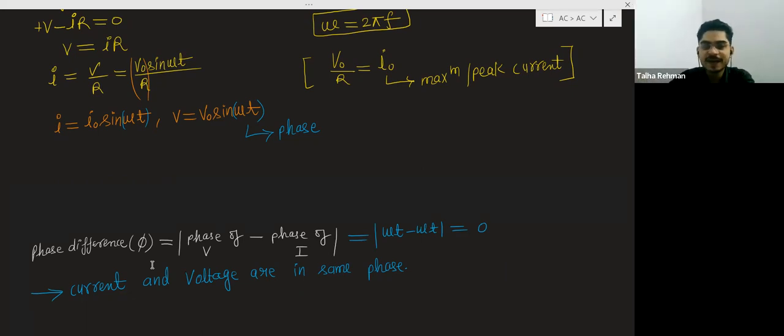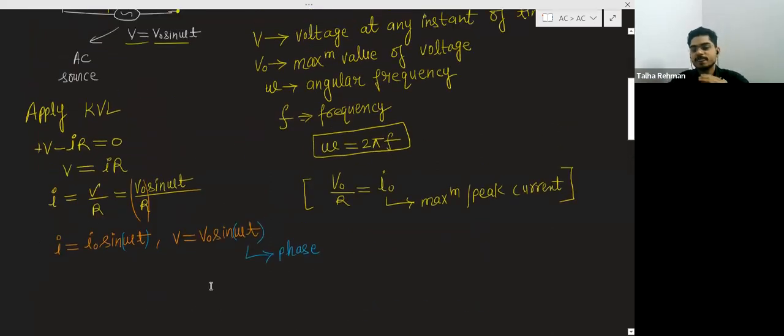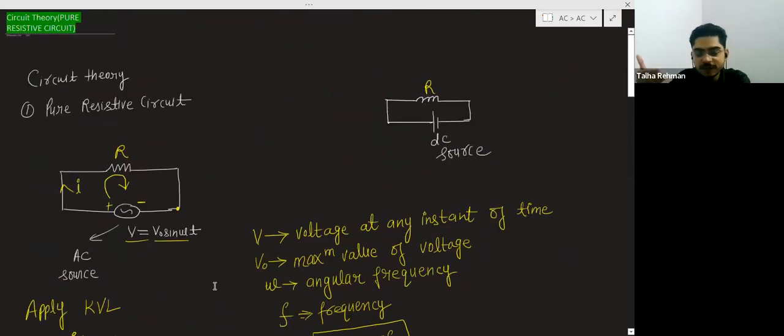Because we want to analyze this circuit. To analyze the circuit, it is better to draw the diagram and show the direction of the voltage and the direction of the current. Then you have some idea about the current and the voltage.